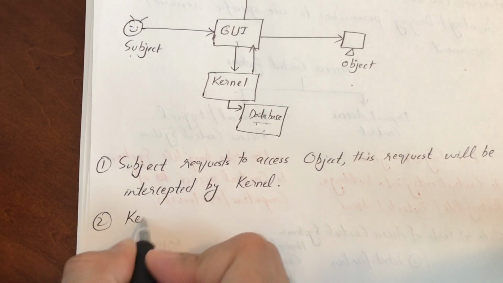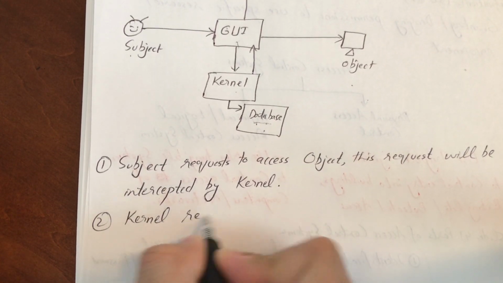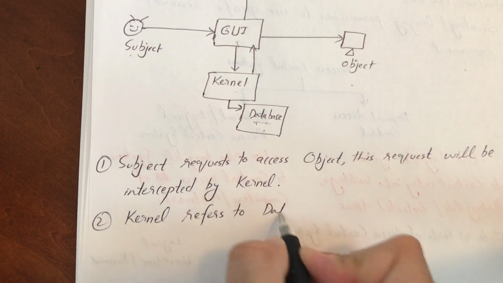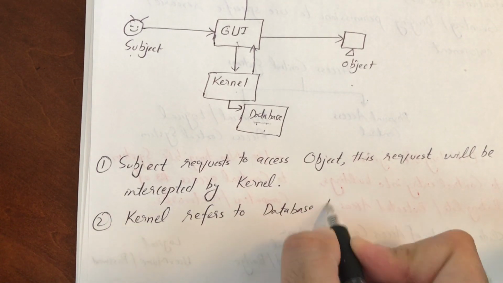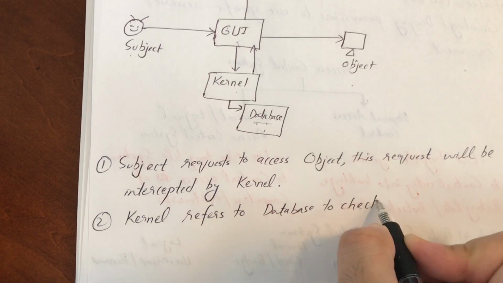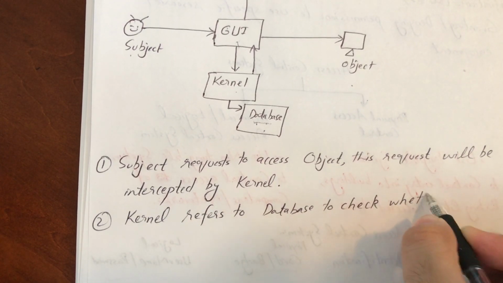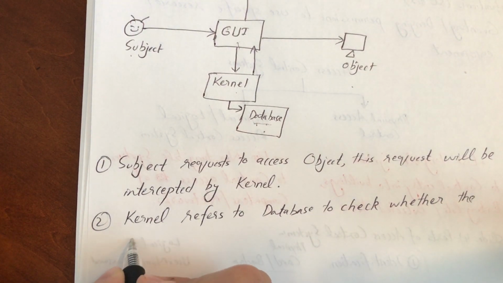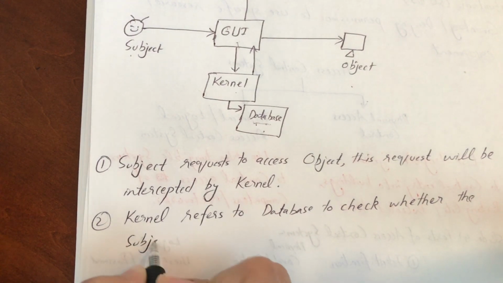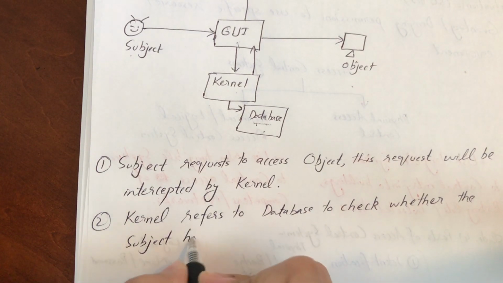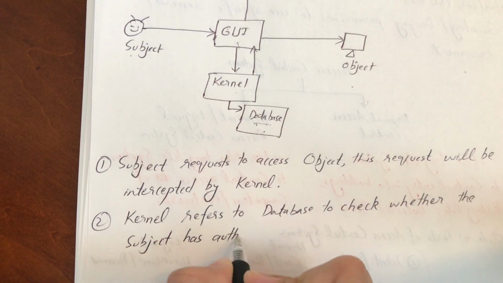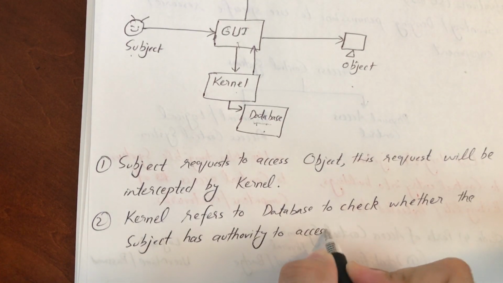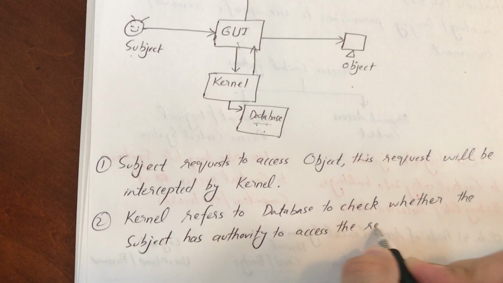The security kernel refers to the database to check whether the subject has authority to access the requested object.